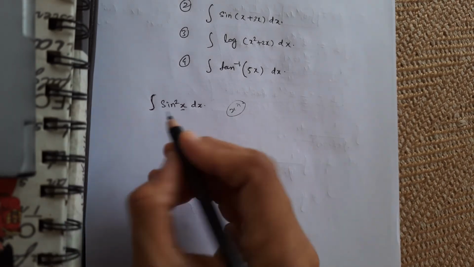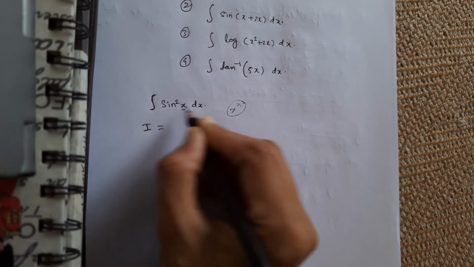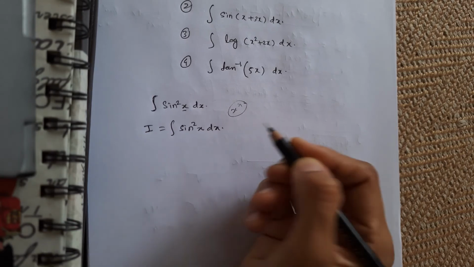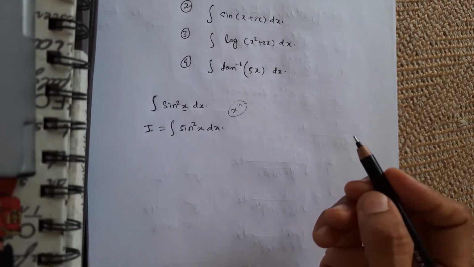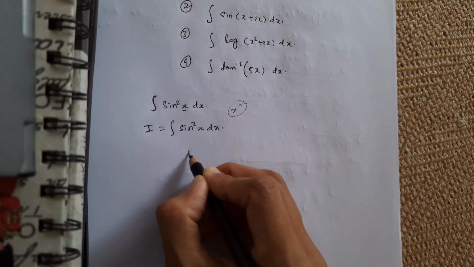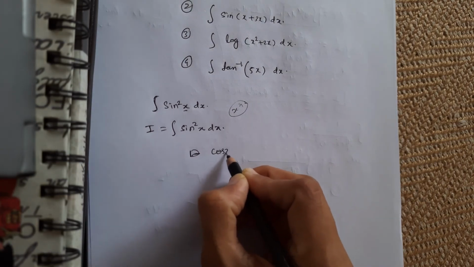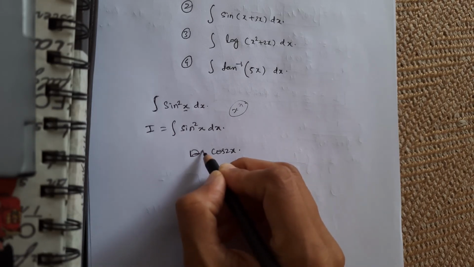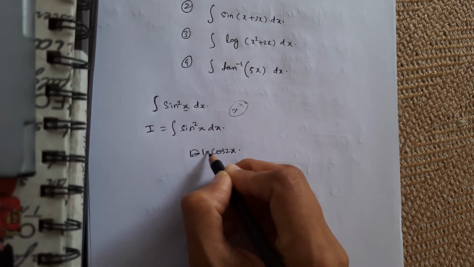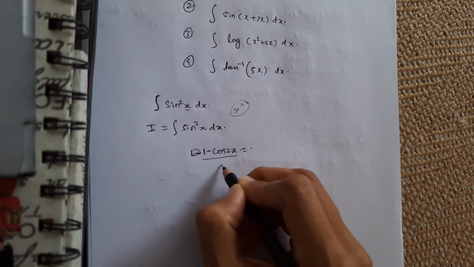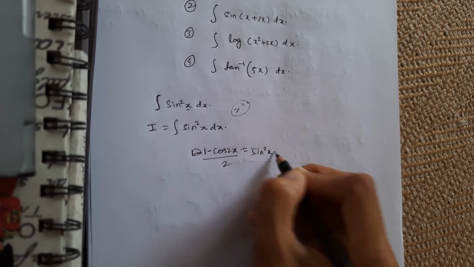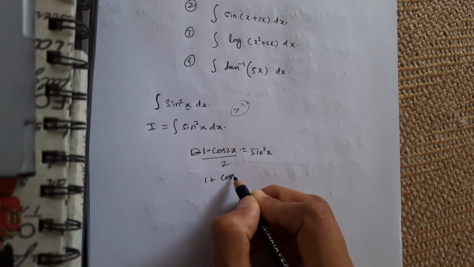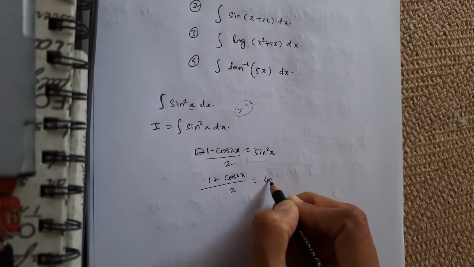So to resolve this kind of integration, we just transform the given square term into a simple multiplication of angle. We already know that (1 minus cos 2x) upon 2 is sine square x, and (1 plus cos 2x) upon 2 is cos square x.